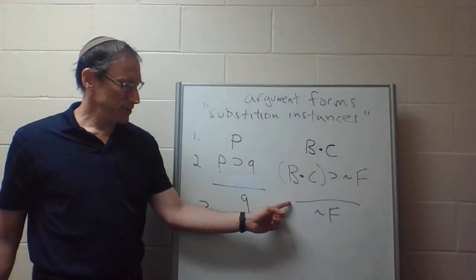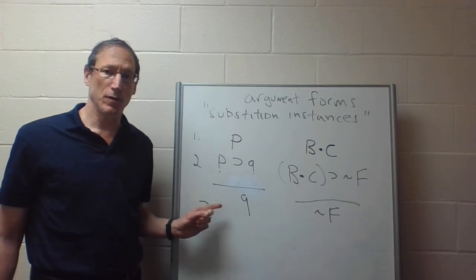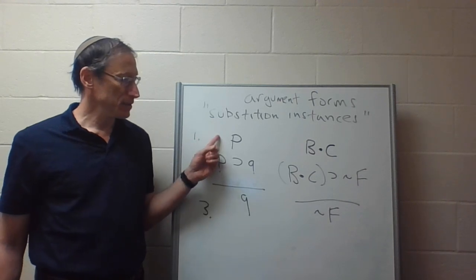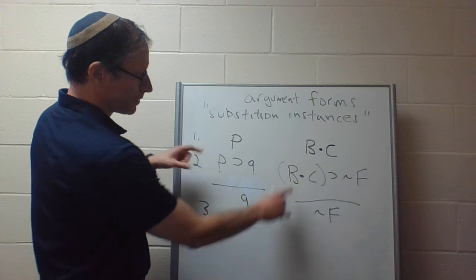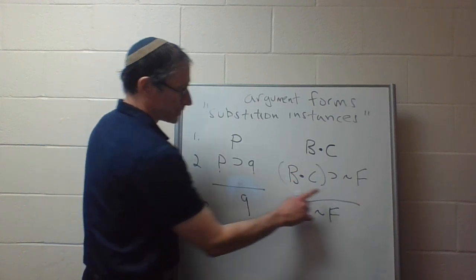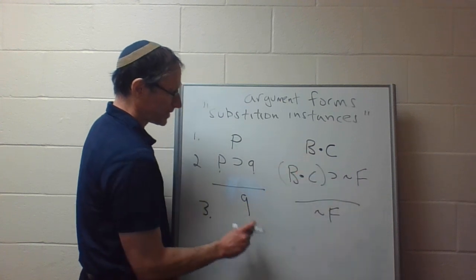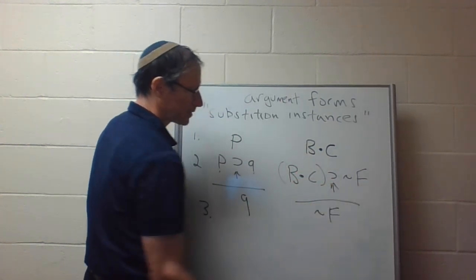Is this a good substitution instance of this argument form? I think it is. P is getting substituted by B dot C, right? And then Q is getting substituted by not F, and everything else is the same, meaning the horseshoe over here is right over here, same horseshoe.